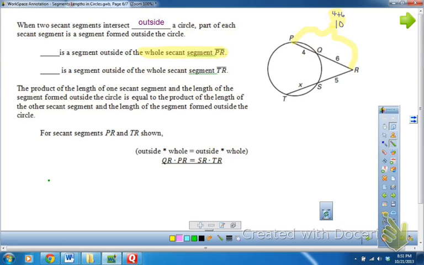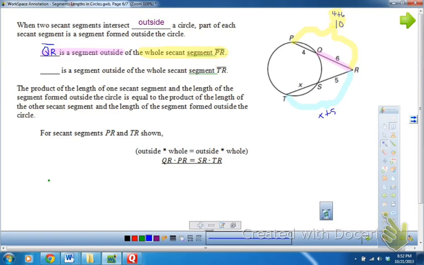Now the outside piece is the part that is outside of the circle, that QR right there. So we're going to say QR is a segment outside of the whole secant segment PR. Well, then we can look at the other secant segment where this whole piece here is represented as the distance of x plus 5.